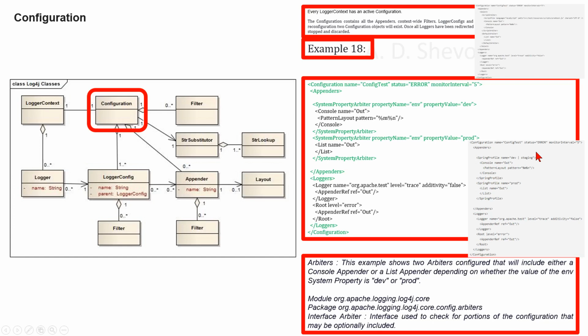In this example, we'll use the console appender when a Spring profile is dev or staging, and the list appender when the active profile is prod.